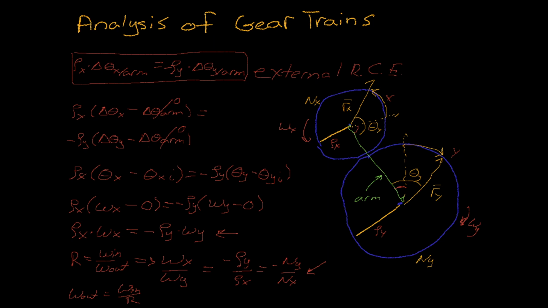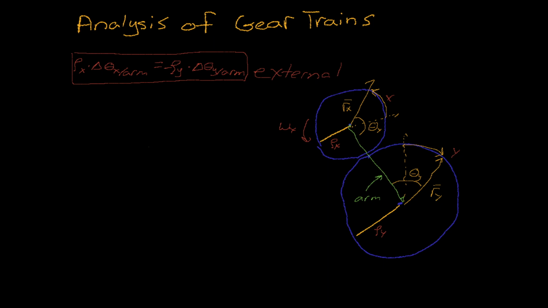So now let's look at the input torque and how that relates to the output torque using the gear ratio. Now I'll erase this. We know that power is equal to the torque times the angular velocity, omega. So what we'll say is that the power going into the system is the same as the power going out of the system, assuming there's no losses.